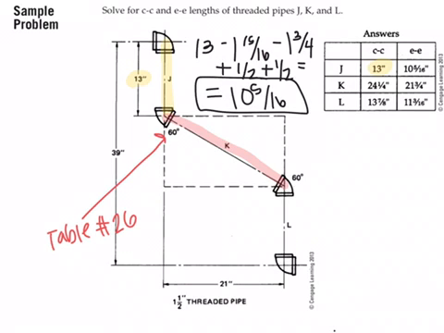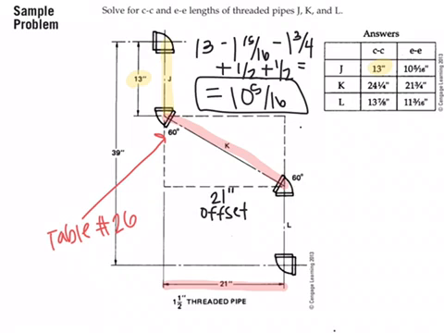So, first things first. If you notice down here, it tells us that our run or our offset is 21 inches. So I'm actually going to bring that up so that I remember that this right here is also 21 inches. And this is called our offset. So, looking again at data table 26, it says that if you want to find your diagonal, and it's a 60-degree angle, you are going to multiply by 1.155.